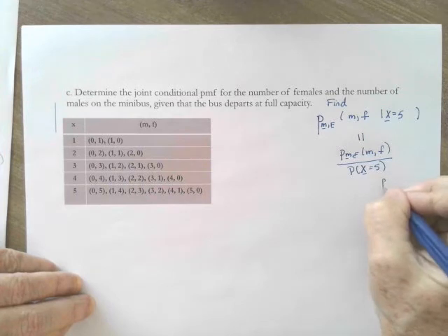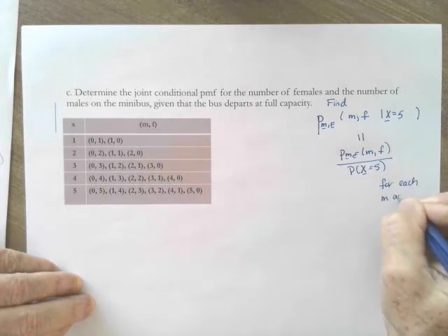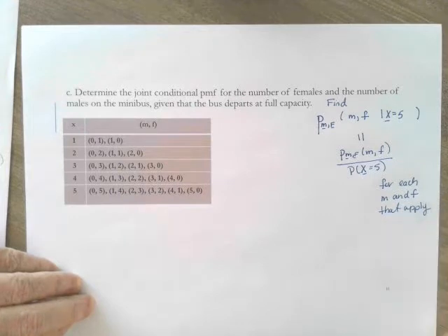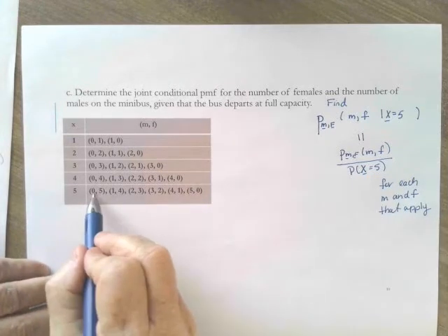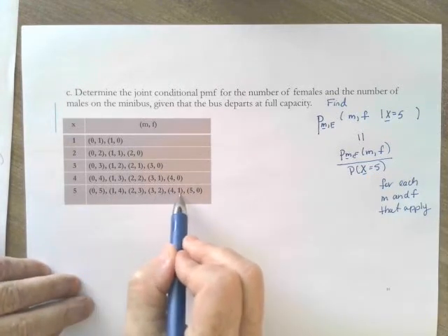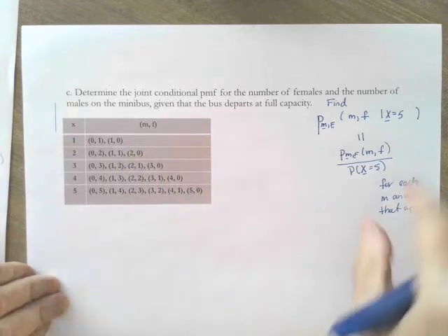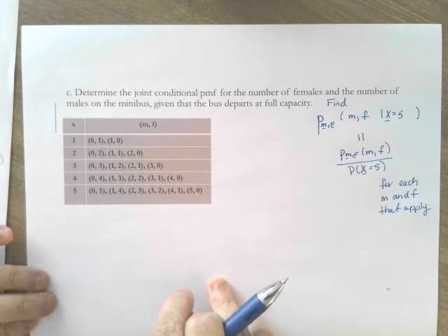And I'm going to do that for each m and f that applies, because you're not necessarily going to have all of the same values. So when x is equal to 5, that means I'm only dealing with these values of m and f here, okay? So let's go ahead and apply this formula, and then we should have our answer, right?